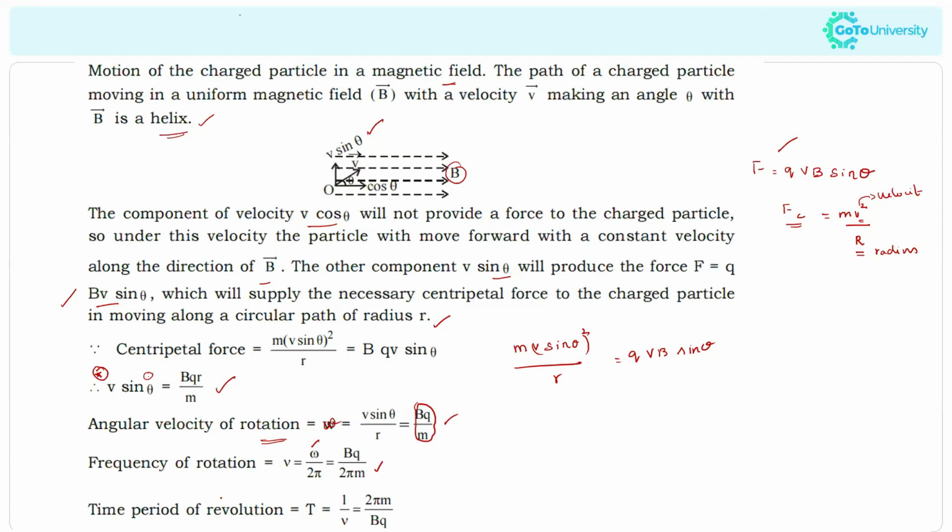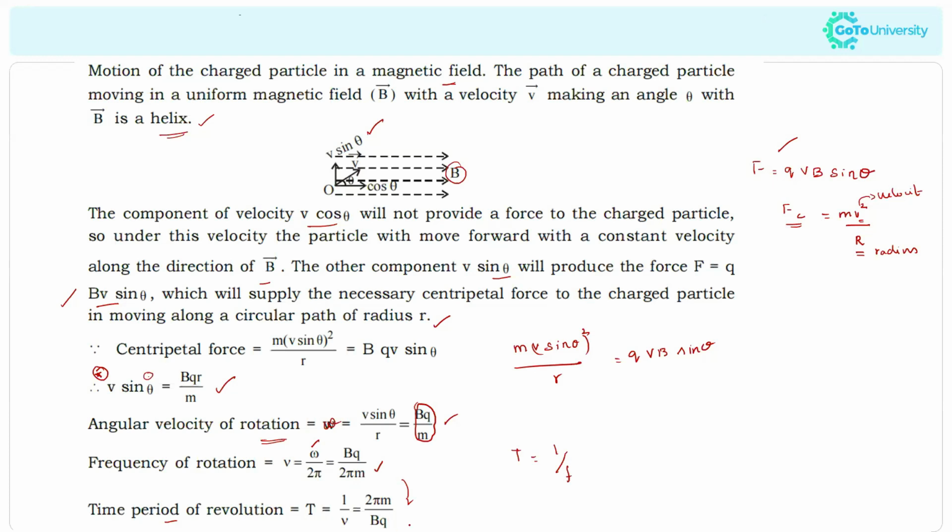Now we are going to see what the value of time period will be. We know that the time period is nothing but 1 over frequency, or else we can say they have an inverse relationship, right? So when we take the reciprocal of the frequency equation, it will be equal to 2 pi m divided by Bq.